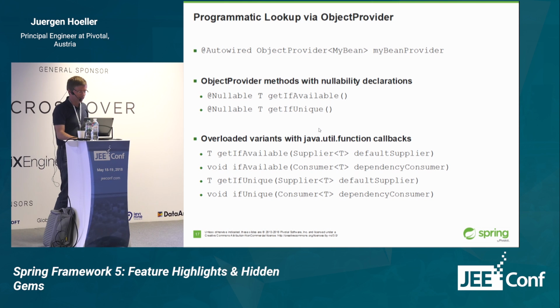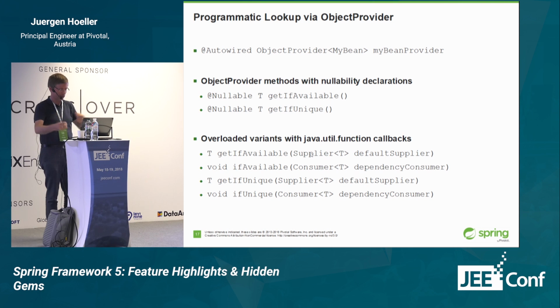At the same time, we provided alternative methods like getIfAvailable with a default supplier. That's a java.util.function.Supplier. The outcome of this is not nullable, which is also formally obvious now, because if it's not available, we're going to call the default supplier and produce this default instance.